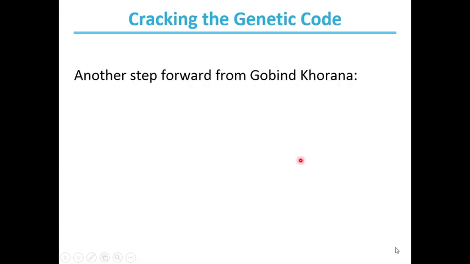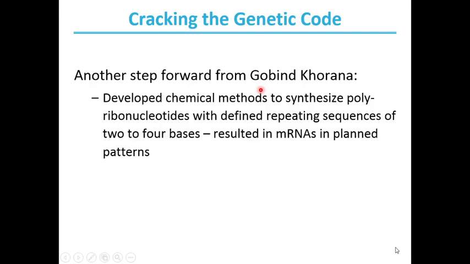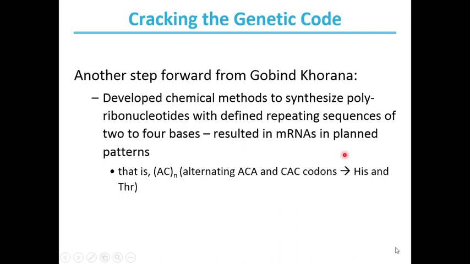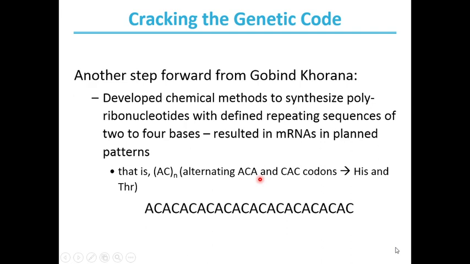A complementary approach to cracking the genetic code was provided by Gobind Khorana. He developed chemical methods to synthesize polyribonucleotides with defined repeating sequences of 2 or 4 bases. In this case, this strategy resulted in mRNAs in planned patterns. The copolymer ACACAC, for example, has alternating ACA and CAC codons.